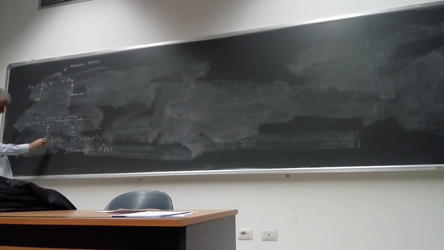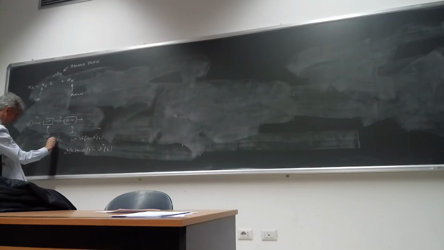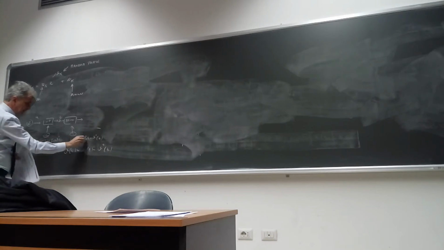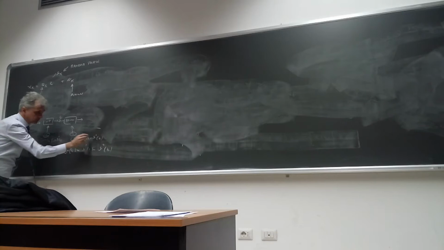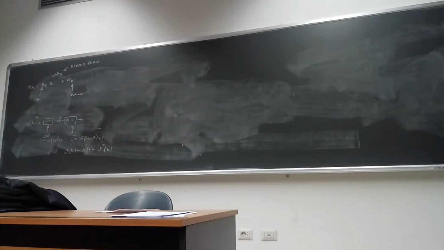Note that here I use f0 t, and here also I use f0 t, but anyway the frequency of the two can be different. It is enough to put this difference into the difference between theta prime and theta second.